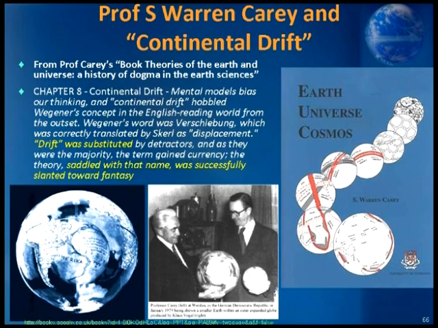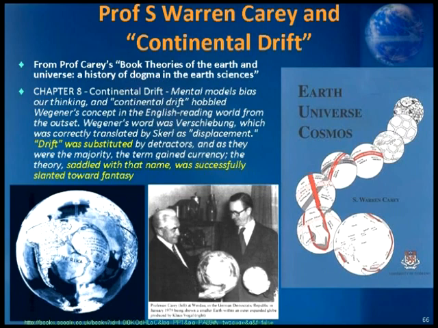From Professor S. Warren Carey's book, Theories of the Earth and Universe, this is from the same book again, Continental Drift: mental models bias our thinking, and continental drift hobbled at Wegener's concept in the English reading world from the outset. Wegener's word was Verschiebung, I think that's the way to pronounce it, which was correctly translated by Skerl as displacement.